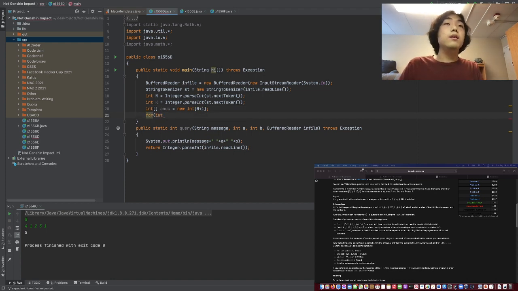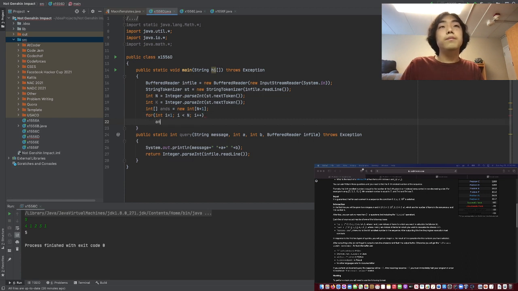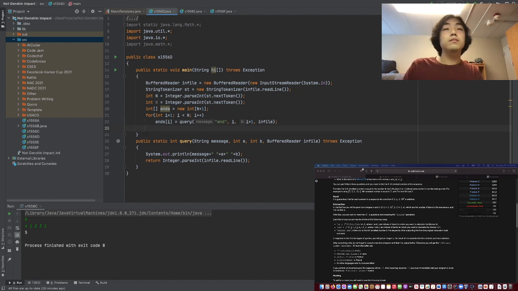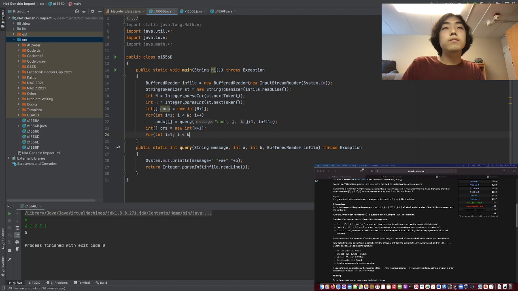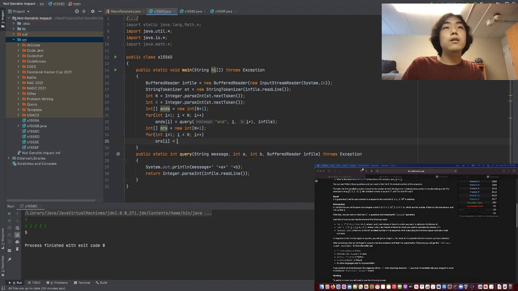So it's like for int i equals 1, i less than n, i plus plus, and that i is equal to, we want to query and i, i plus 1. Or that i is equal to query or i, i plus 1.